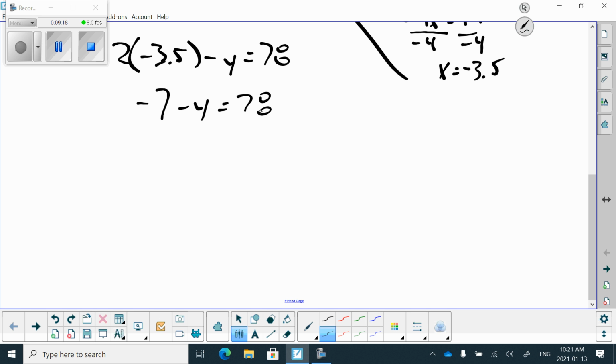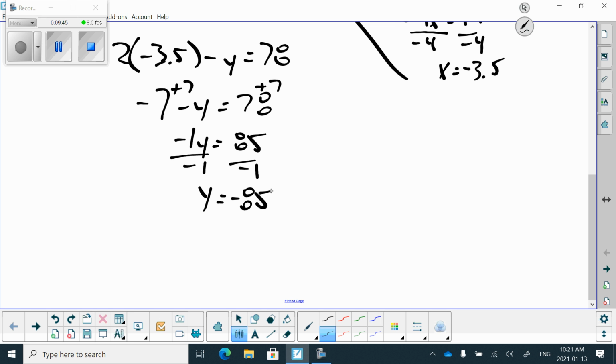Then you add the 7 over. Negative 1y equals 85. Divide by negative 1. Y equals negative 8. Yes. Awesome. Questions from there?